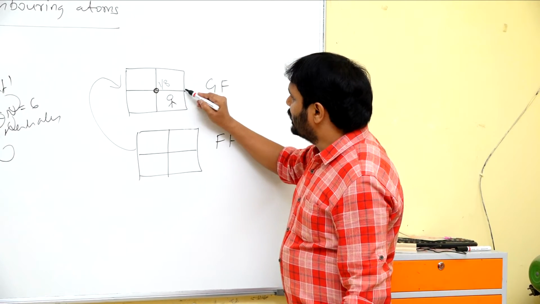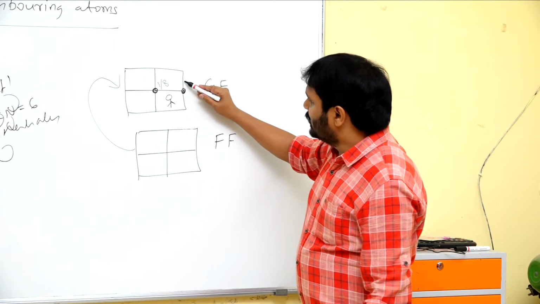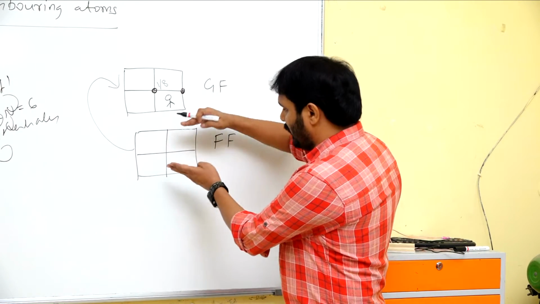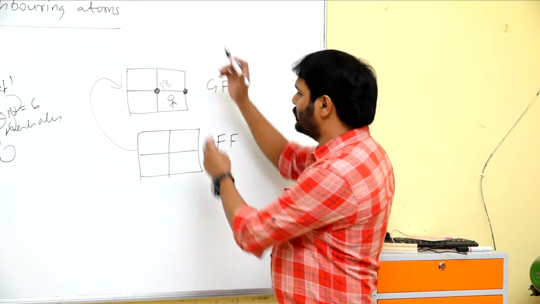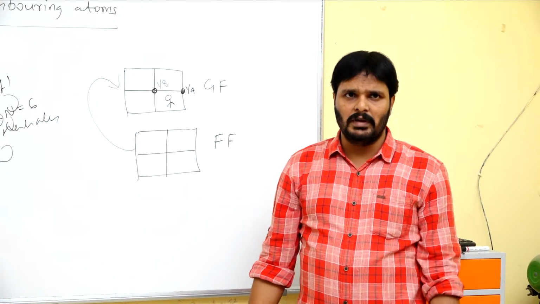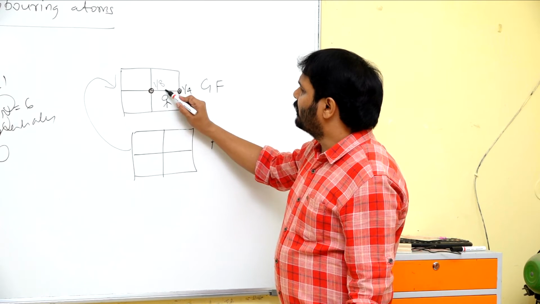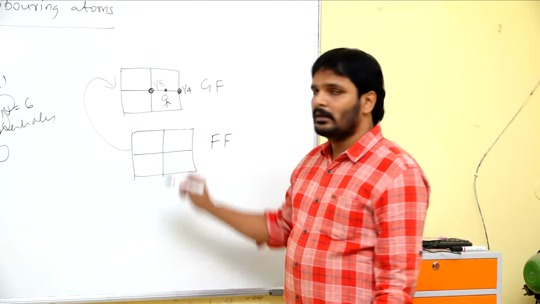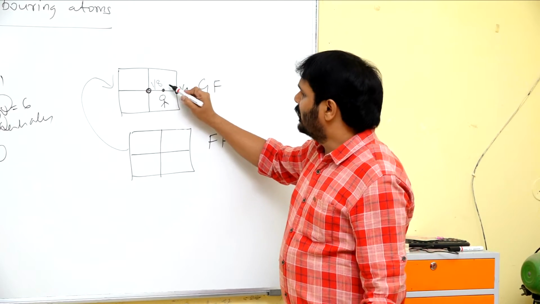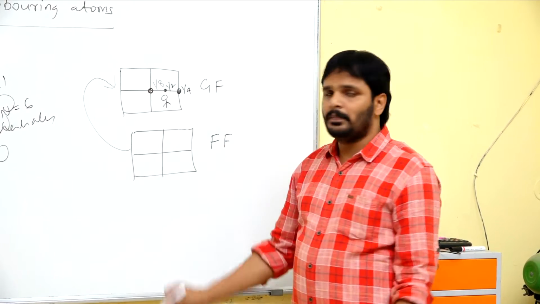Similarly, I am taking a point which is initially common to 2 rooms. Now I can place 4 on the top, so it is shared among 4 and the contribution is 1 by 4. Similarly, if an atom is present here, it belongs to both rooms and hence the contribution is 1 by 2.